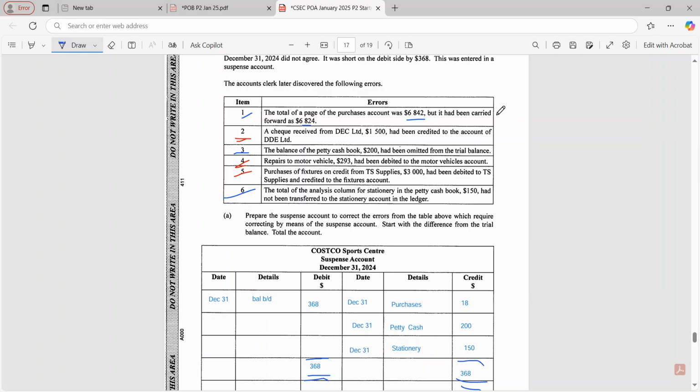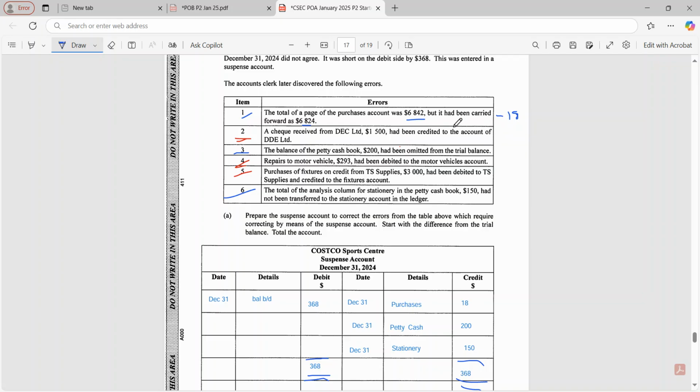So you normally use that to calculate cost of goods sold, which you minus from profits or from sales. So you have to minus this $18 from profits to correct it.